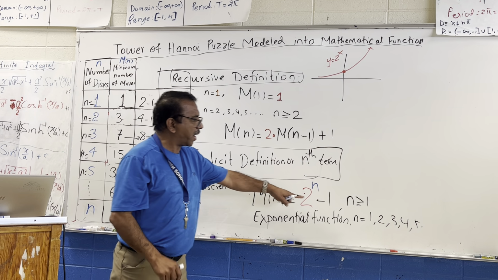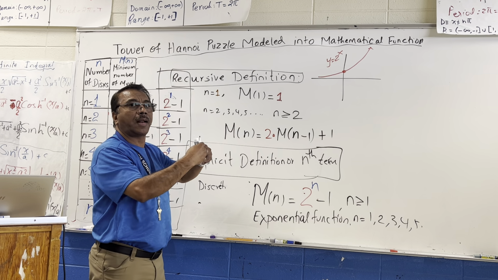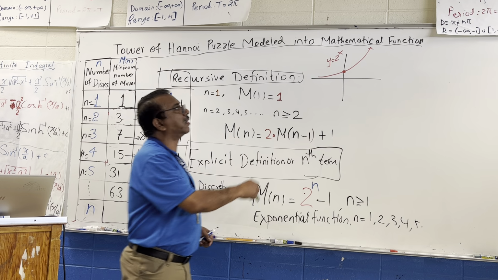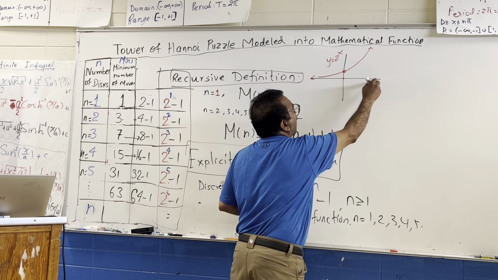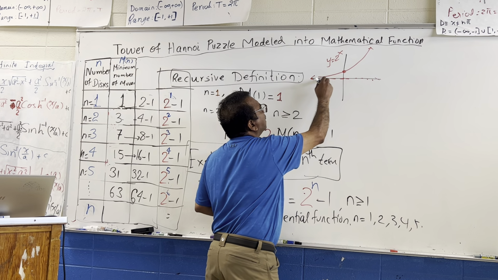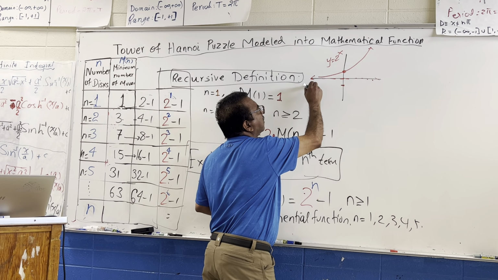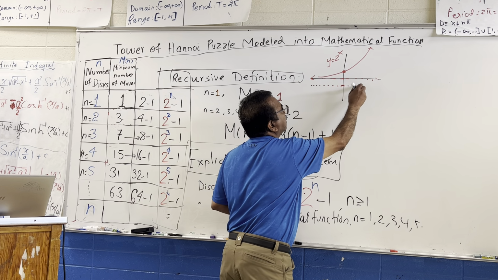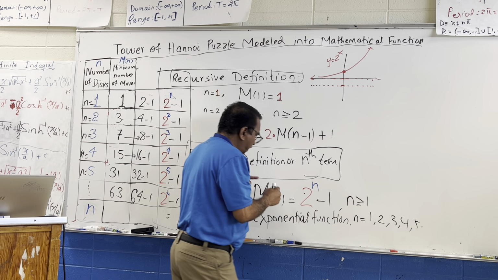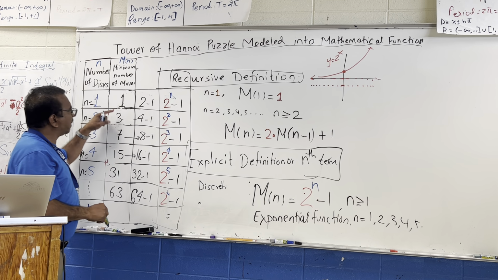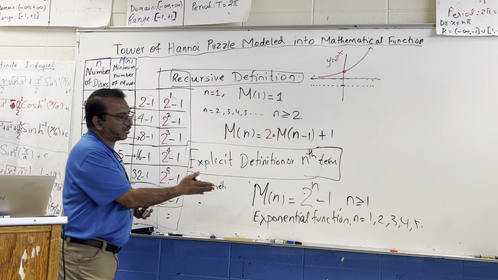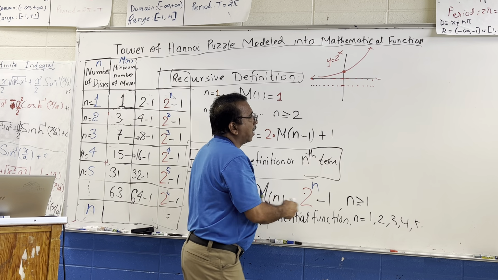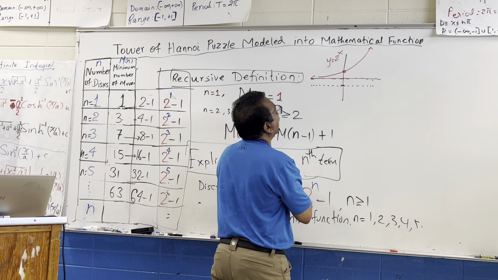The horizontal asymptote is y equals this one. So these numbers that you see, 1, 3, 7, represent the exponential function with this domain, and the graph will look something like this.